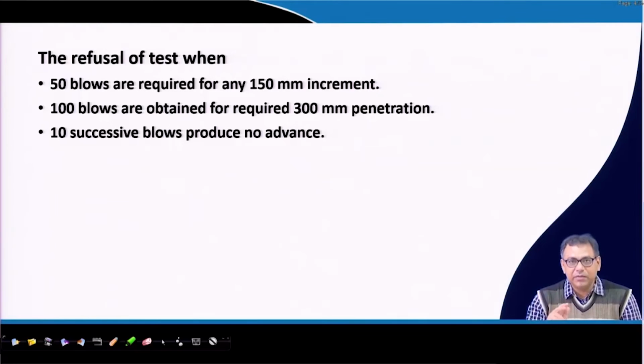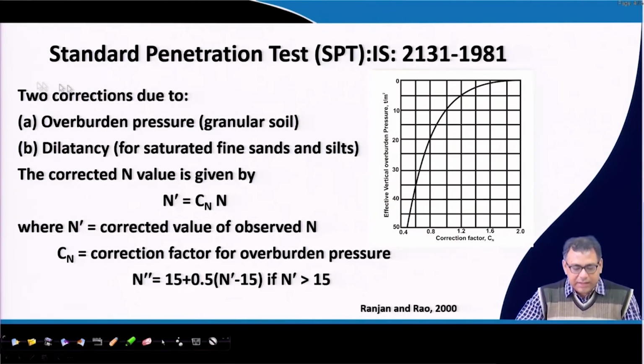That means, if any of these criteria occurs in the field, then we will stop the test.